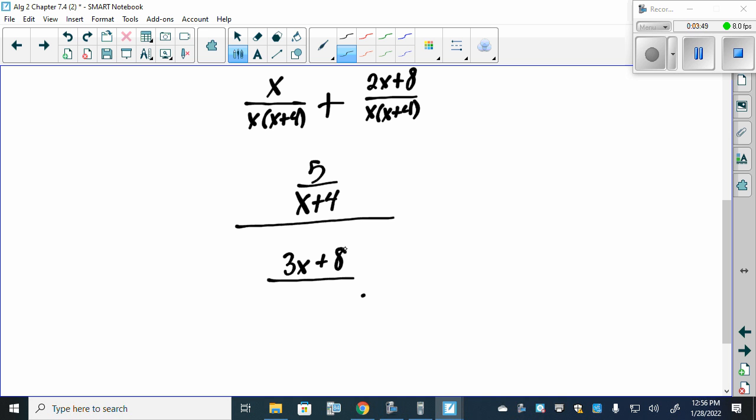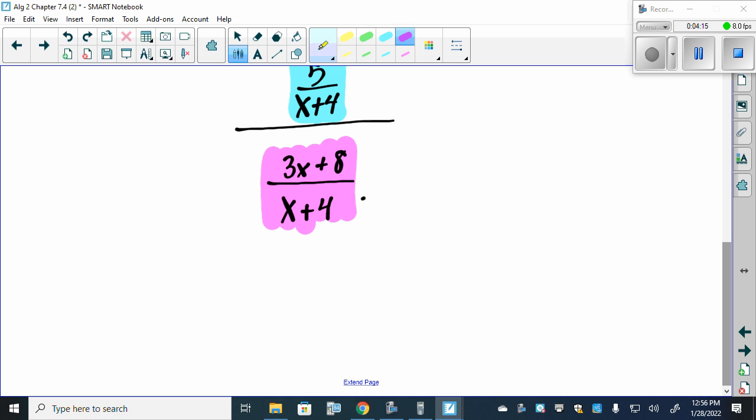Plus 8 over x plus 4. And this is what we wanted, because now that we've done the addition in the denominator, we have a single fraction on top and a single fraction on bottom. We have one fraction on top and bottom, and they're being divided.